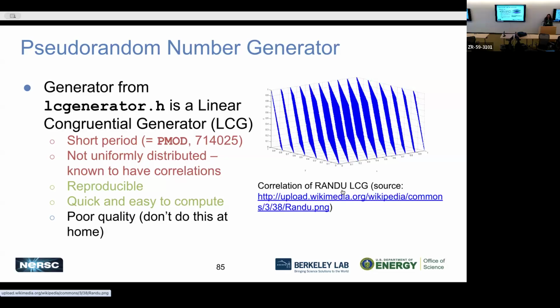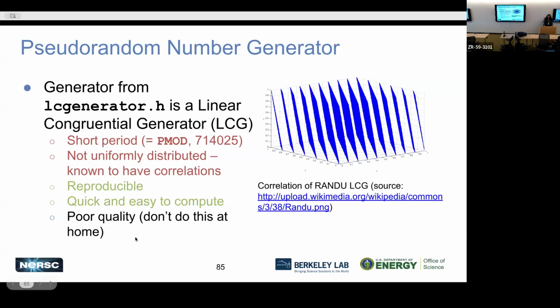Randu was used in the simulation of designs for the US nuclear arsenal. And you can see it has this correlation. These are triples of what's generated by Randu, and you can see they just lie in these planes. But the good thing is it is reproducible and it is quick and easy to compute, but it's poor quality.